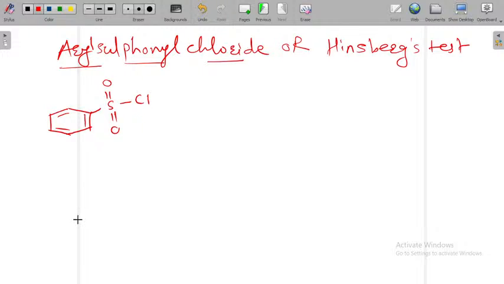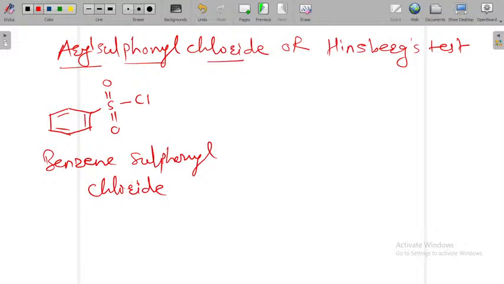This is benzene sulfonyl chloride. This benzene sulfonyl chloride reacts with the amines. Now, how primary, secondary and tertiary amines react, that we will see now.